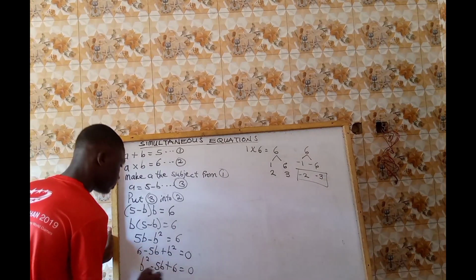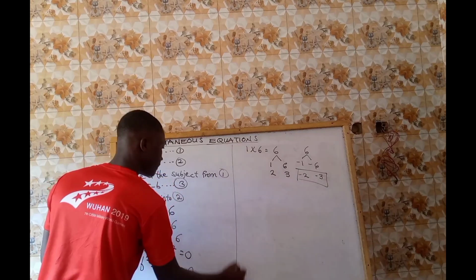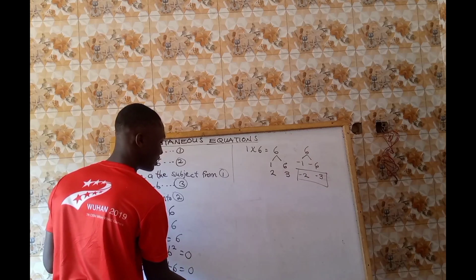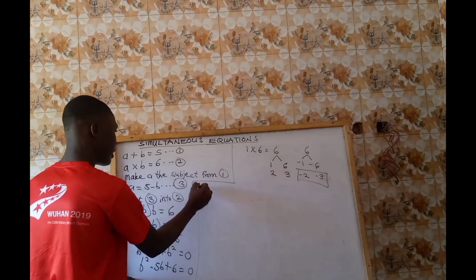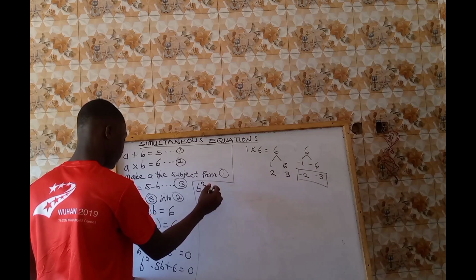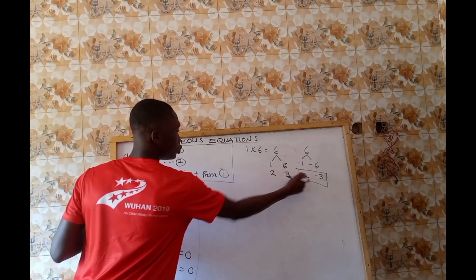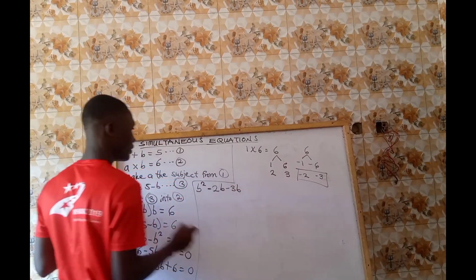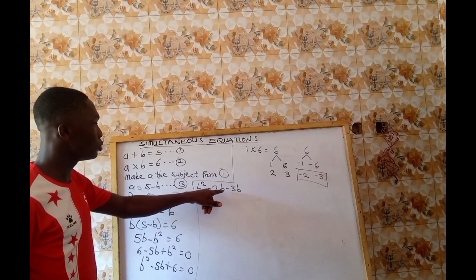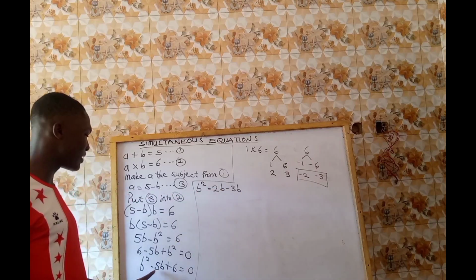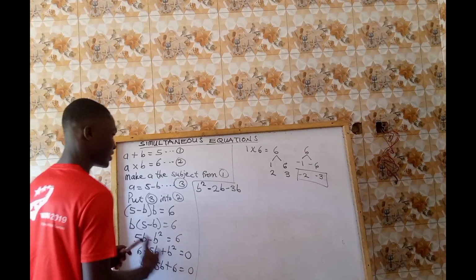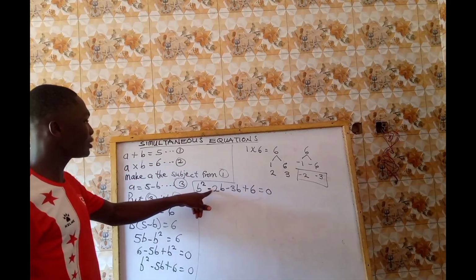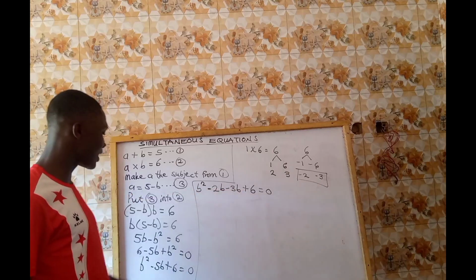Now we have b squared minus 2b minus 3b plus 6 is equal to 0, because minus 2b minus 3b gives us minus 5b.